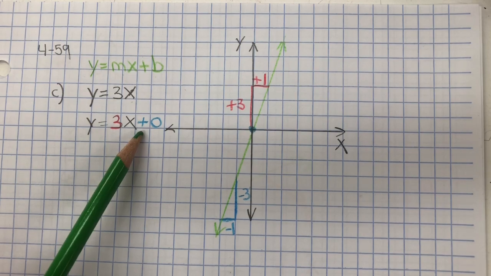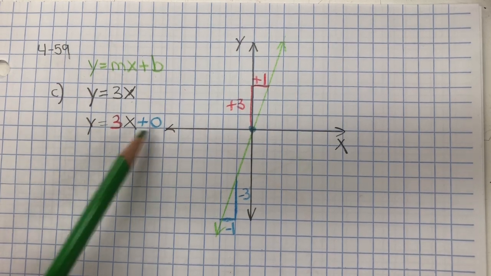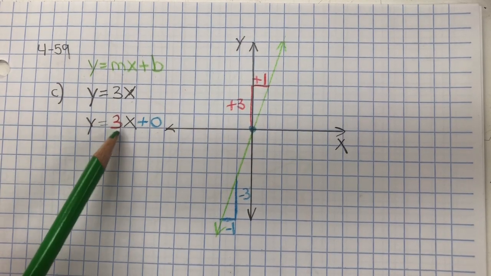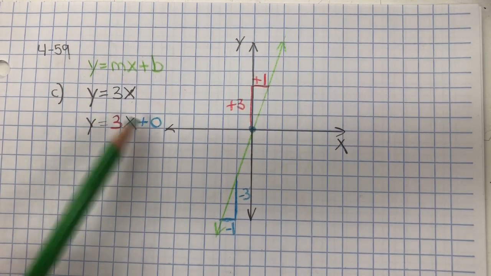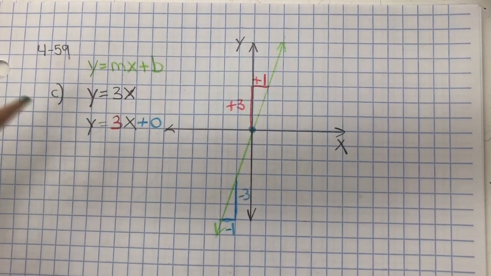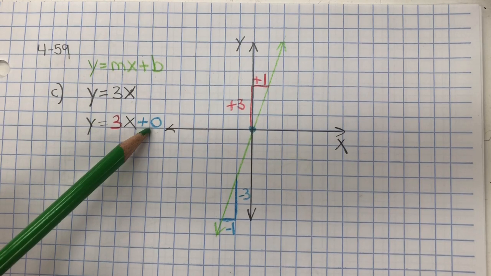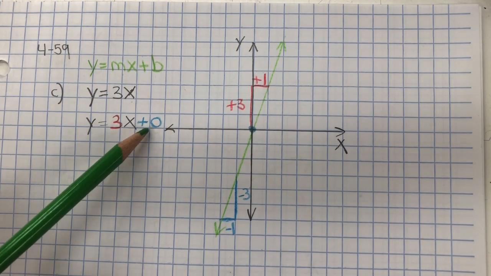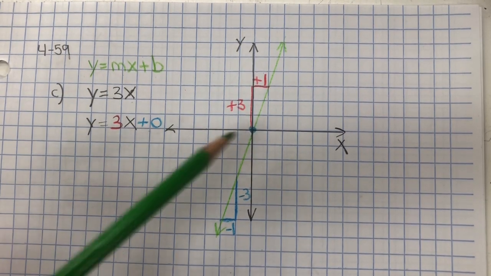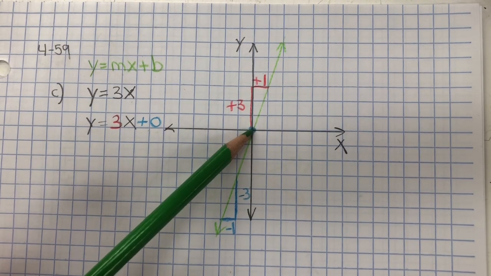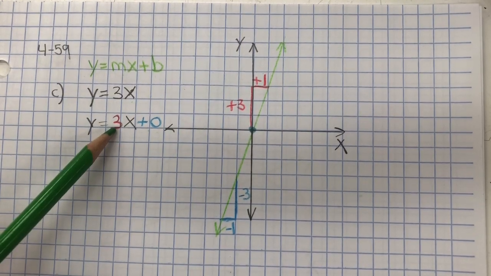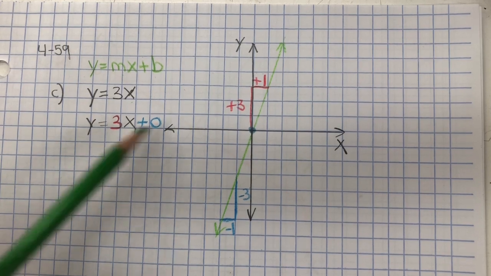So I represented it with +0, because adding 0 to the equation doesn't change the value of y. So our initial value is 0. Our y-intercept is 0 at the origin. And our growth rate is 3 over 1.